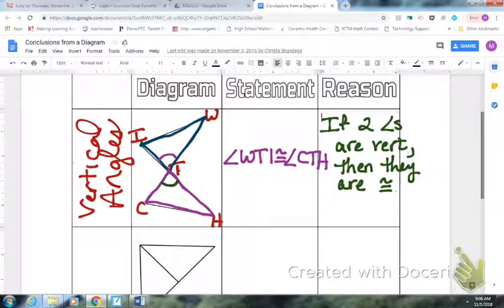There's a reasons column. If it was given to you, you're going to state it was given. But if you had to add vertical angles to the picture, you have to supply a reason. Your reason is going to be, again, if 2 angles are vertical, then they are congruent. Okay, so we're going to look at the second one.